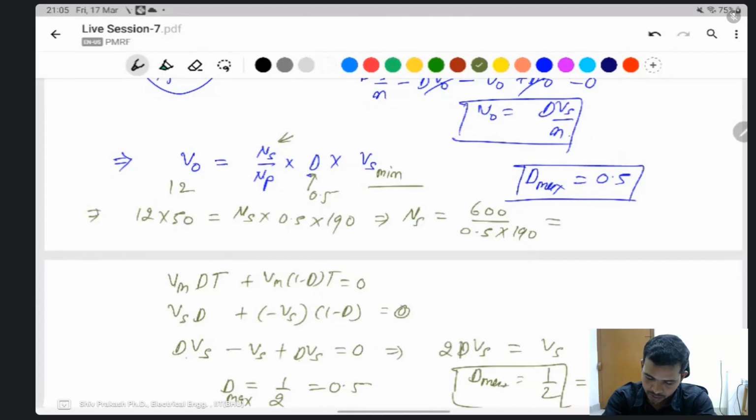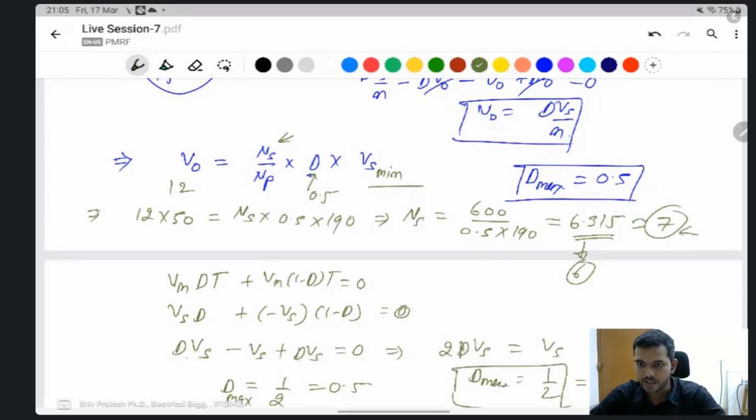This is approximately 6.315. It means you have to take 7 as the number of turns. You can't decrease it to 6. You have to take 7, the integer value above this.